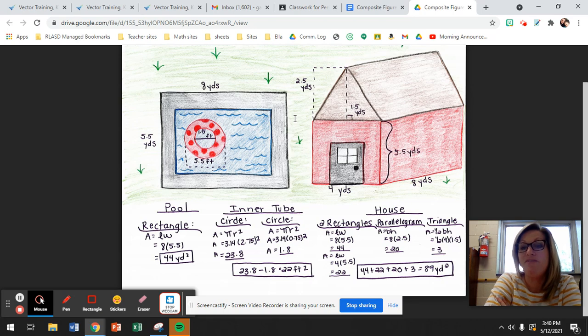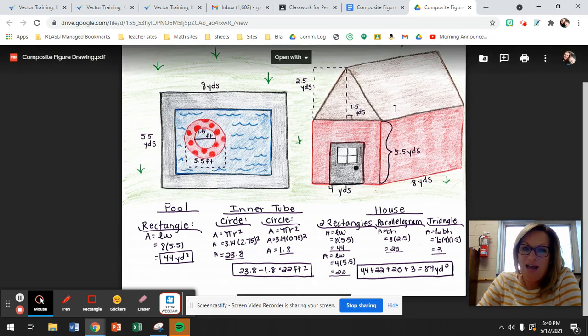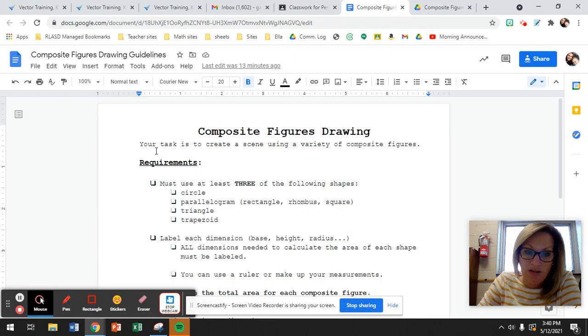I saw students make video games, like controllers, or desks. You could do a flower with a circle in the middle and triangles. You can do anything, just using some basic shapes. So I created a house and a pool.